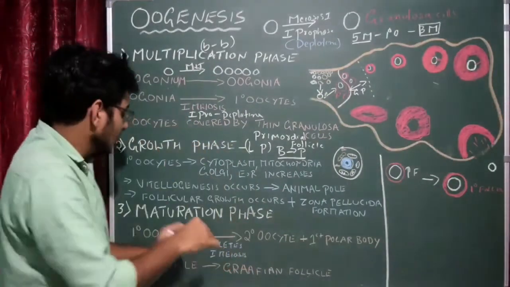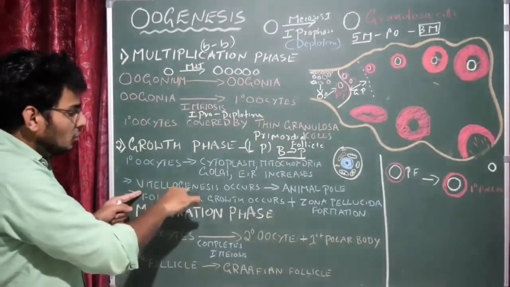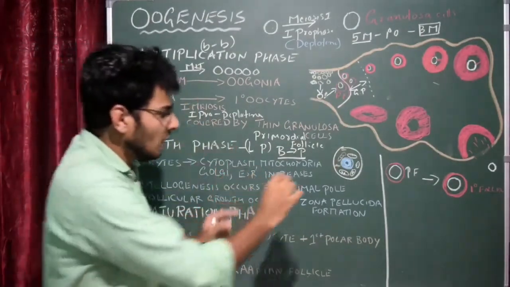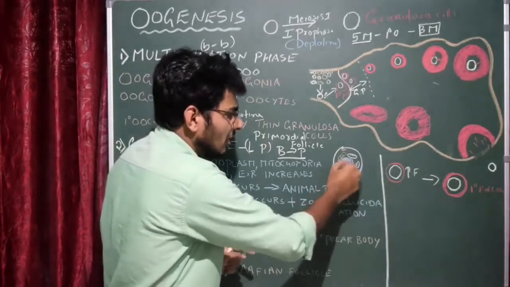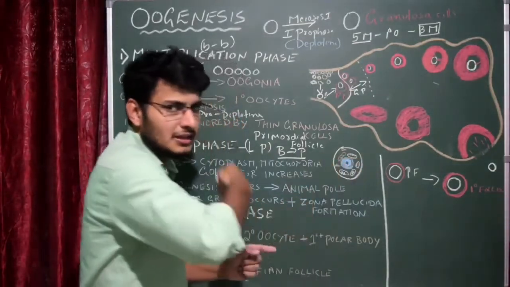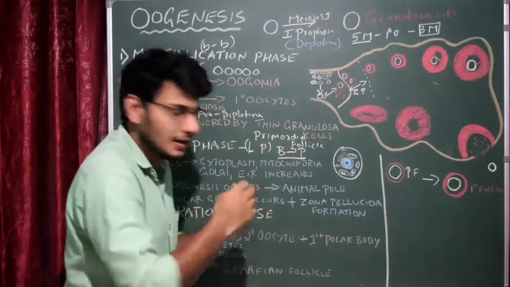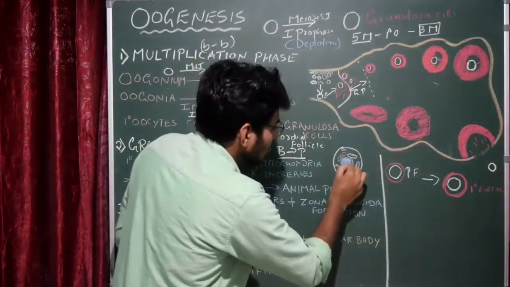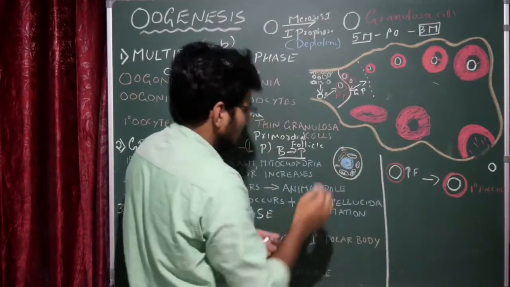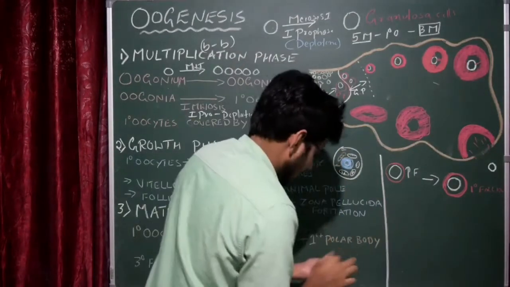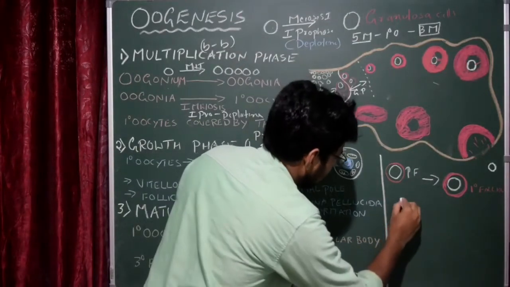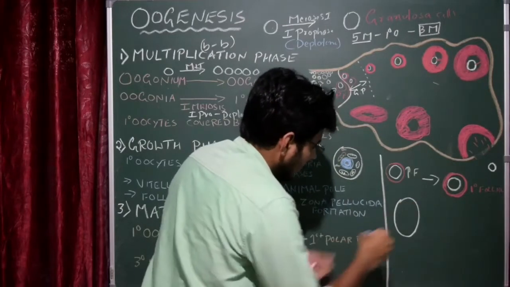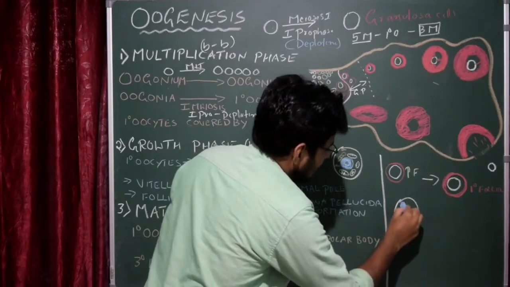These are all the changes that occur during the growth phase. What is interesting is that vitellogenesis occurs. This is the primary oocyte in the growth phase, from birth till puberty, and it could occur at any stage. The nucleus starts to migrate towards one end of the primary oocyte.